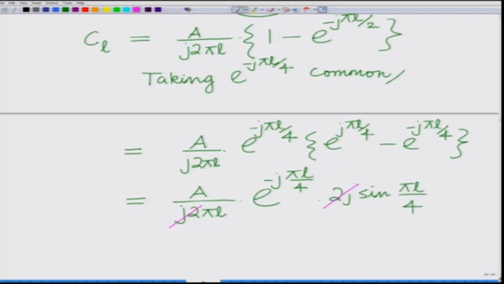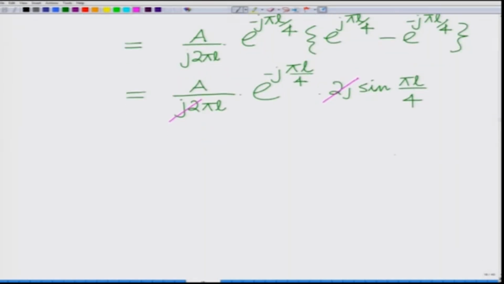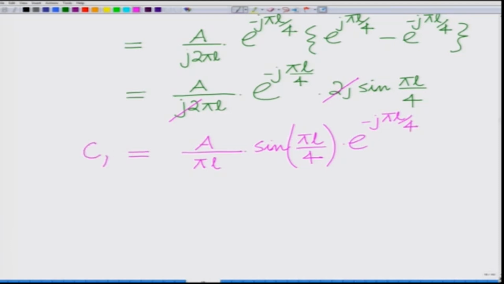The 2j's cancel, and therefore what we have is A over pi L sin pi L by 4 times e to the power of minus j pi L by 4, and this is our coefficient.